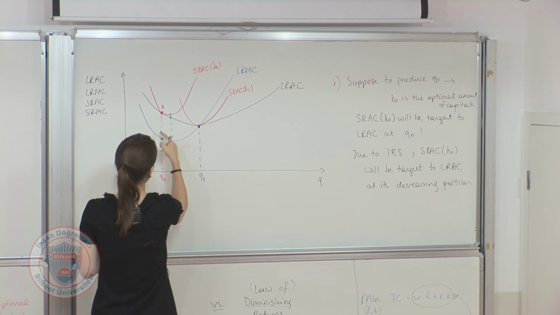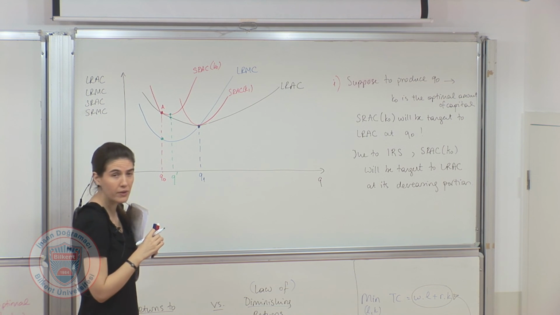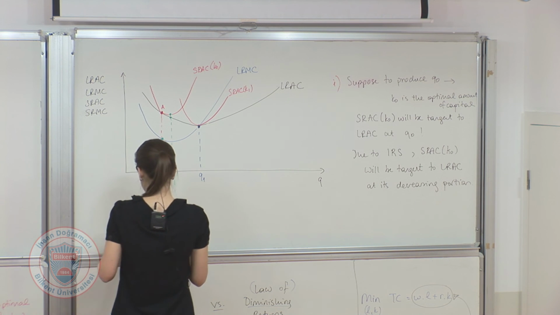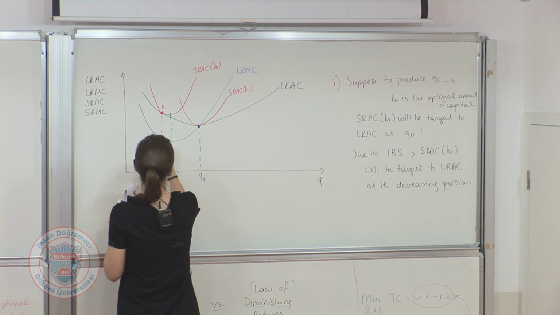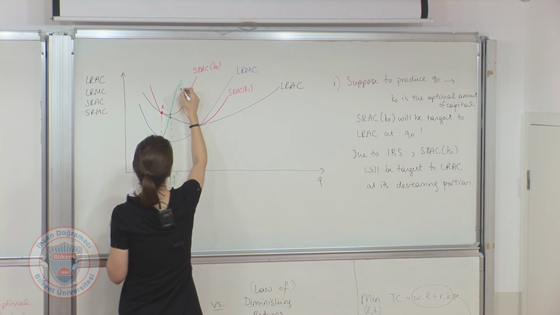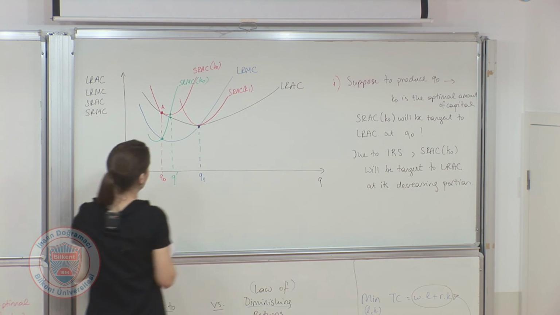So it should pass through this minimum point, okay? So let me draw it. So it's something like this. So let's have it. Okay, so this is short-run marginal cost K0.